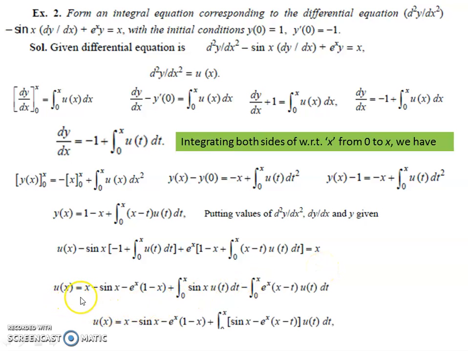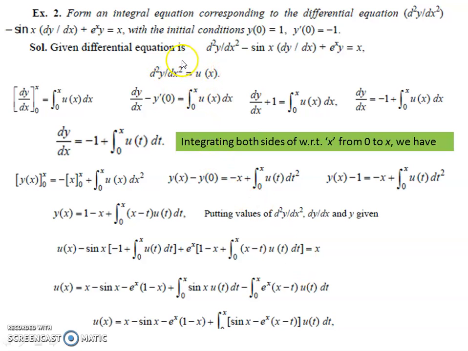When we simplify it, this is x plus sin x, e raised to the power x into 1 minus x, and the integral sign we take as such. So the integral sign we take as such, and this becomes our required Volterra's second kind integral equation. So I hope students will understand this. Only 2-3 steps are there.